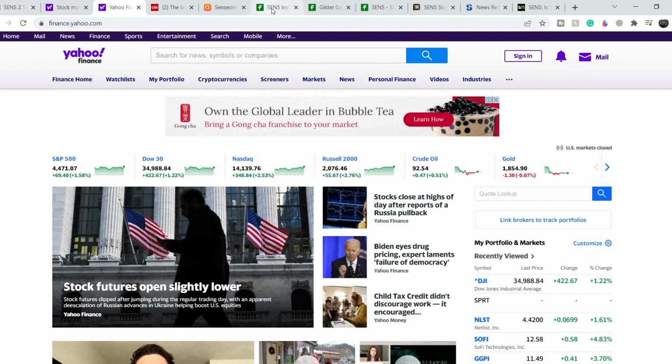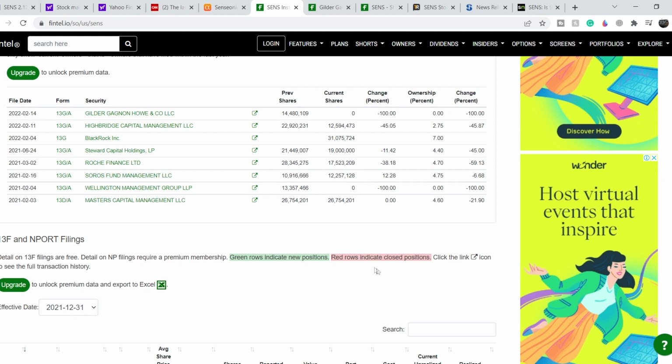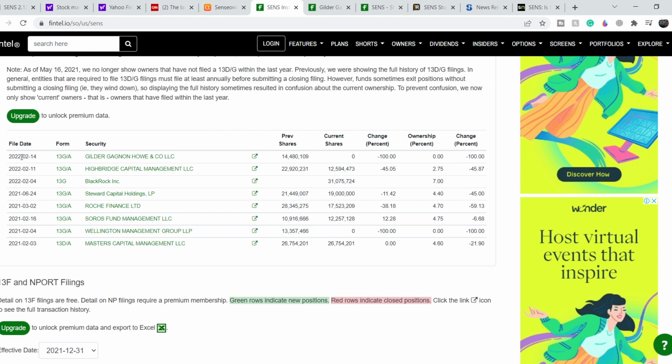Let me show you this list. I told you that on February 11th, Highbridge Capital Management reduced its position by half. They sold about 45.05%. And then on February 14th, just 2 days ago, Gilder Gagnon Howe and Co. LLC closed its entire position and sold more than 14.4 million shares, which is 6% of ownership according to this filing.